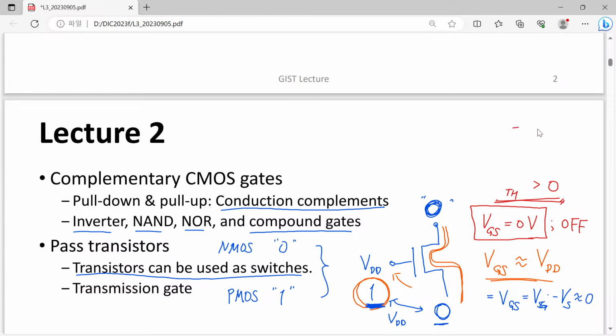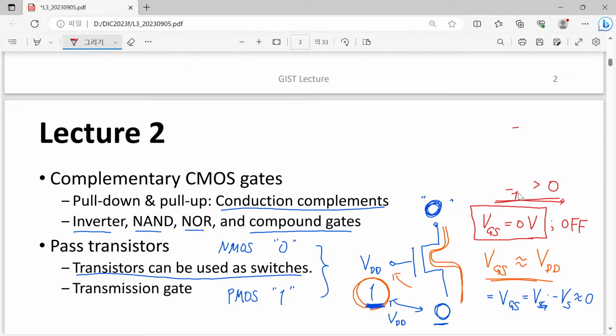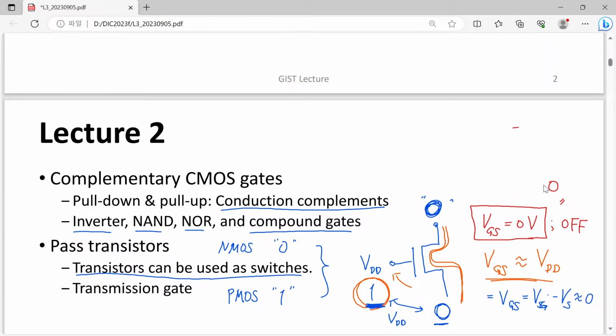Transistors can be used as switches, however, they are not perfect at passing our signals. One has advantages for sending 0 and one has advantages for sending 1. So the point is we wanted a good switch that is good at passing both 0 and 1.